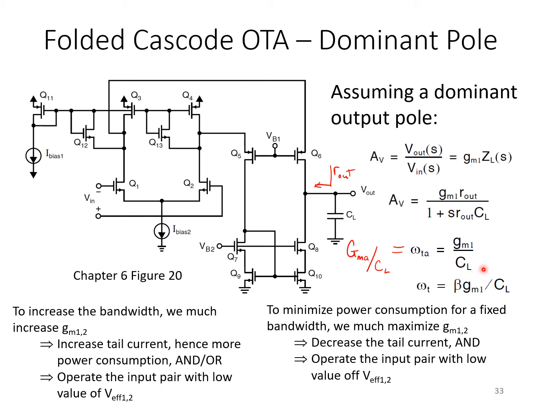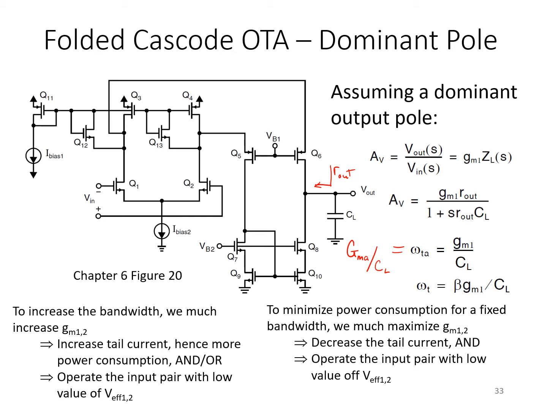So the unity gain frequency of the single stage amplifier is just gm1 over CL. Now, if we put this in a feedback loop with feedback factor beta, that means that the unity gain frequency with the first order model of the whole loop will just be beta times the unity gain frequency of the amplifier, beta times gm1 over CL.